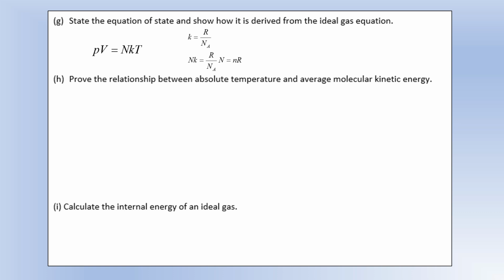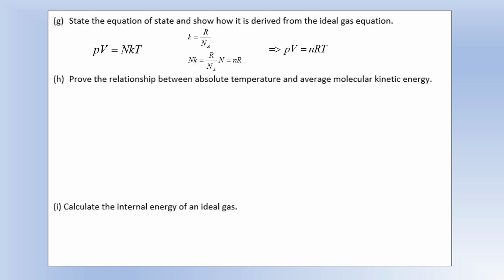So if we multiply that by the number of molecules, that turns into the number of moles times R, because N divided by Avogadro's number gives you the number of moles. So you can see that these two equations are identical. They've just got different properties in them.